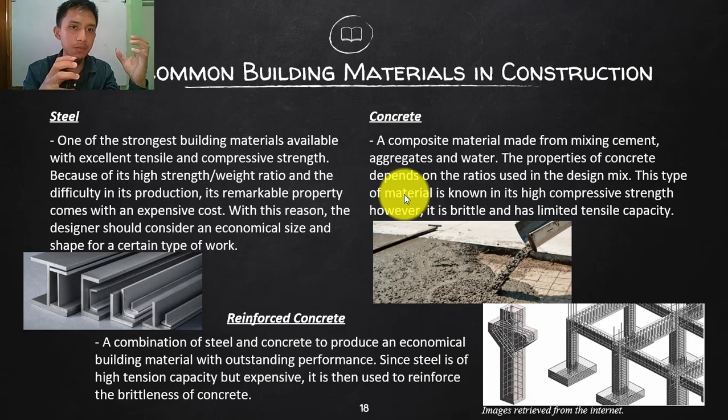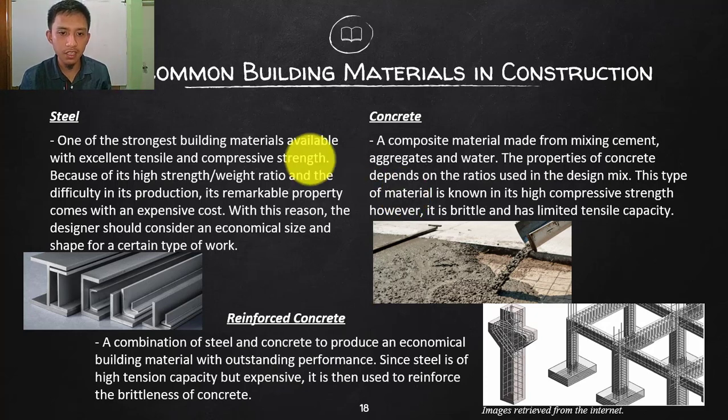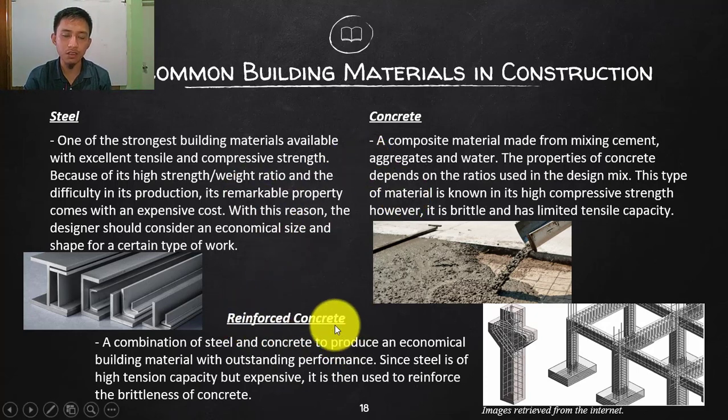Since steel is expensive but strong in tension, we are going to combine it with concrete, which is a little bit lower cost but strong in compression, so that the concrete will work mostly in compression and the steel will work mostly in tension, and that is what we call reinforced concrete.